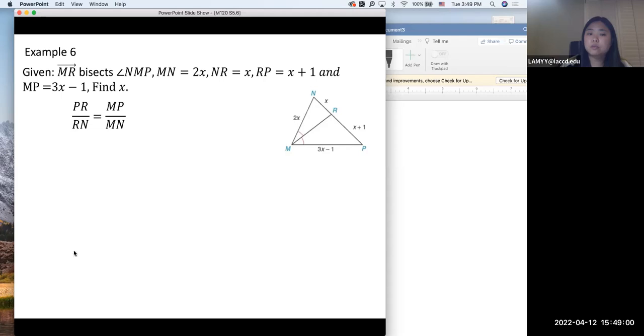Okay. Using here PR over RN equals MP over MN. And then plug it in.